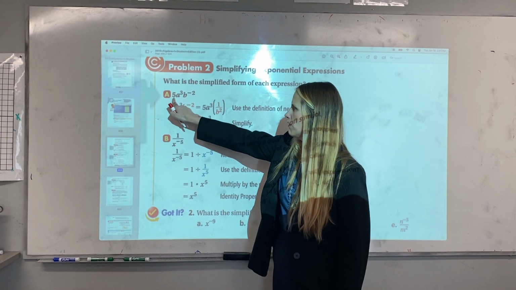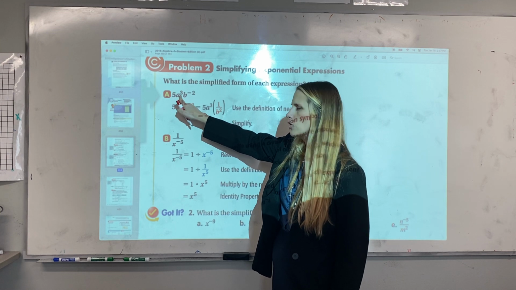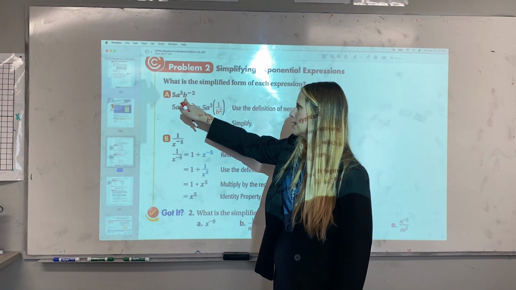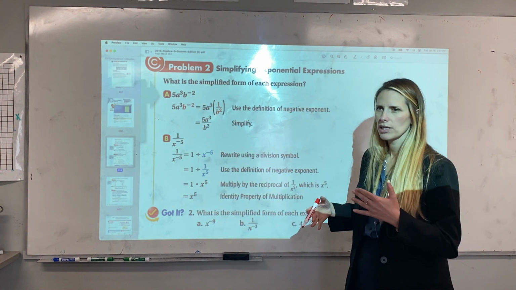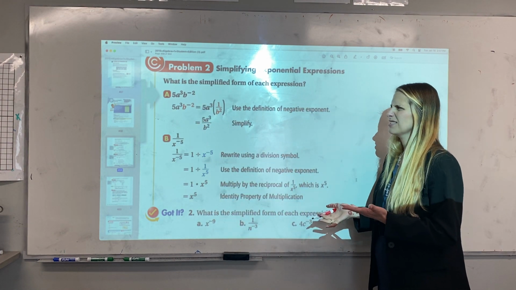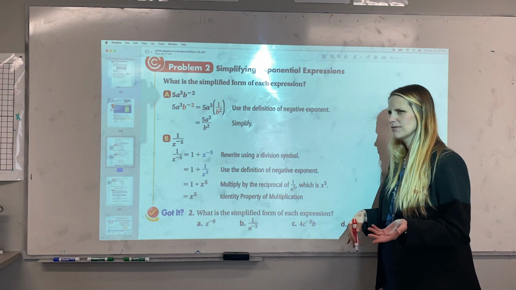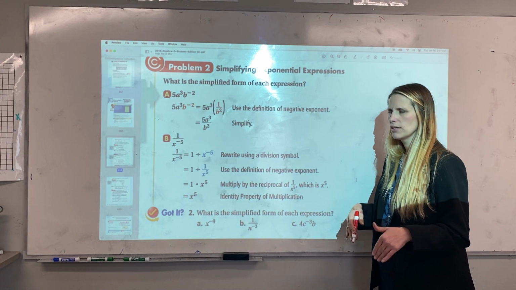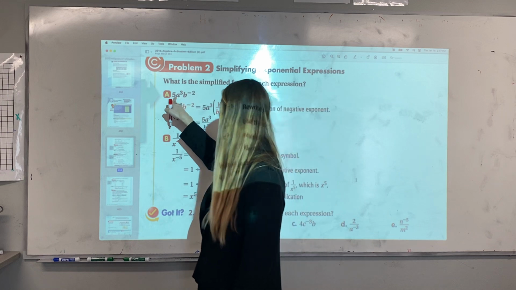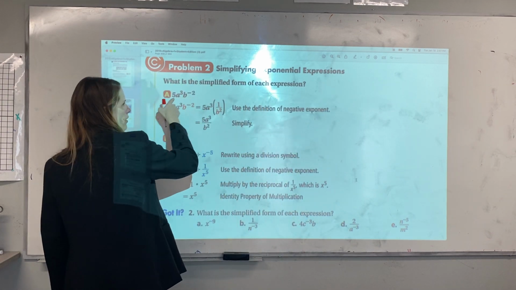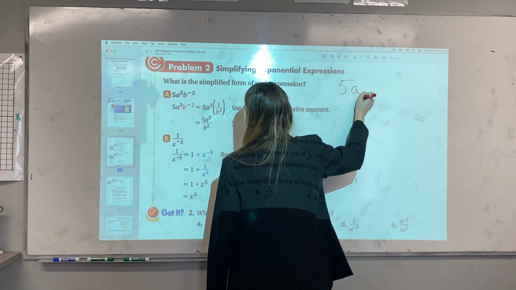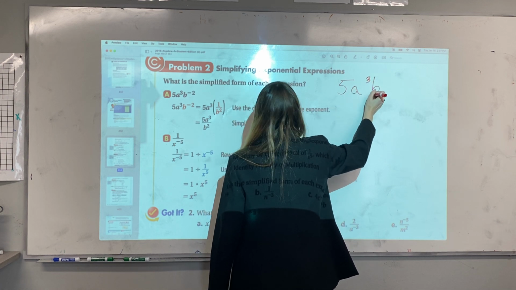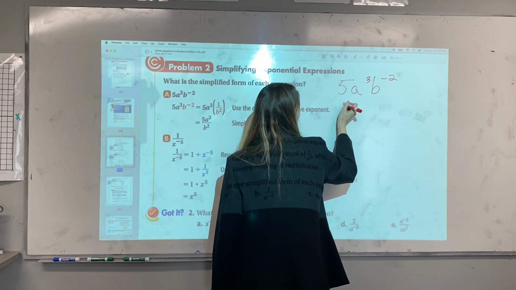We have 5 times a cubed times a b to the negative 2 power. In terms of numerator and denominator, since it doesn't have a fraction in the denominator, can we consider this to be in the numerator? Okay, right? We can consider that in the numerator, 5a cubed b to the negative second.